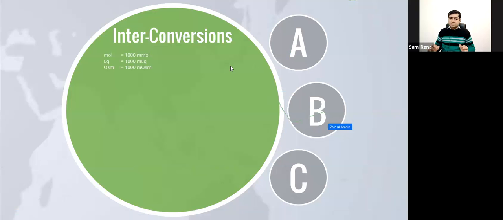But when I say millimole, I will be referring to something like 1000 millimoles per mole, just like mg and gram. Just like these two, we have mole and millimole, equivalent and milliequivalents, osmoles and milliosmoles. It's very important because in the upcoming slides, I may be talking about millimoles throughout the question and maybe talking about the mole throughout the question.